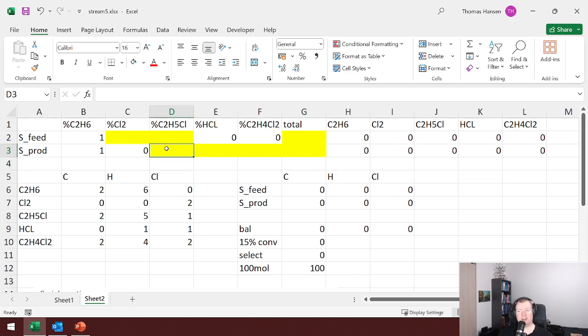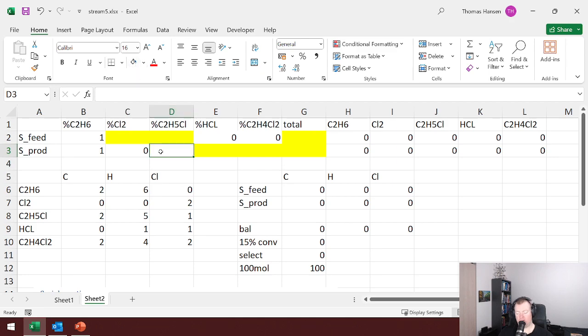So, okay, this is going to be a bit difficult to explain, but this variable, the percentage and the total amount here, cannot be independent of each other because they have to end up yielding me 100 moles of the desired product. So actually this one is no longer an unknown.